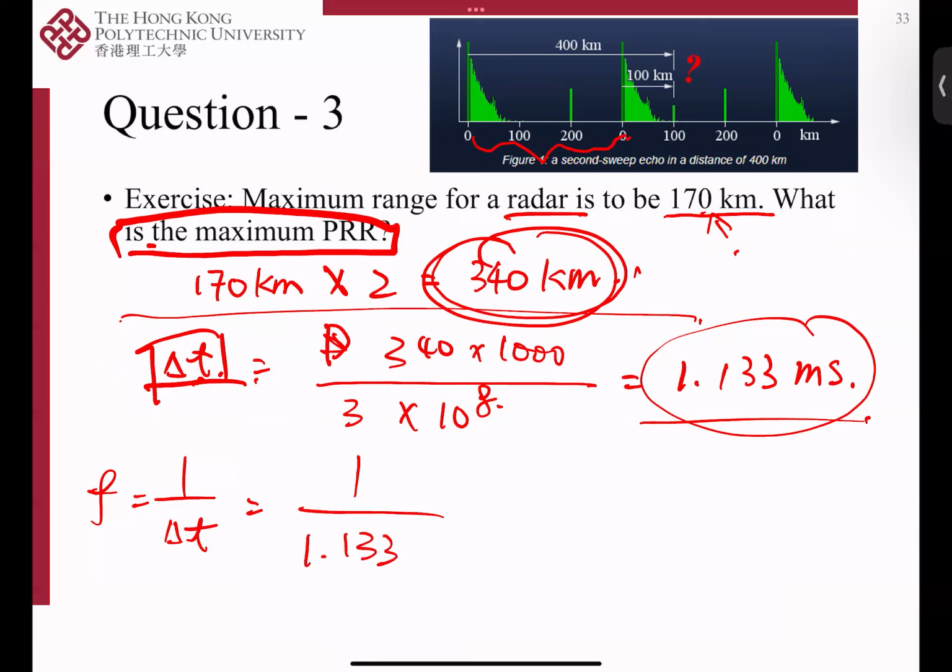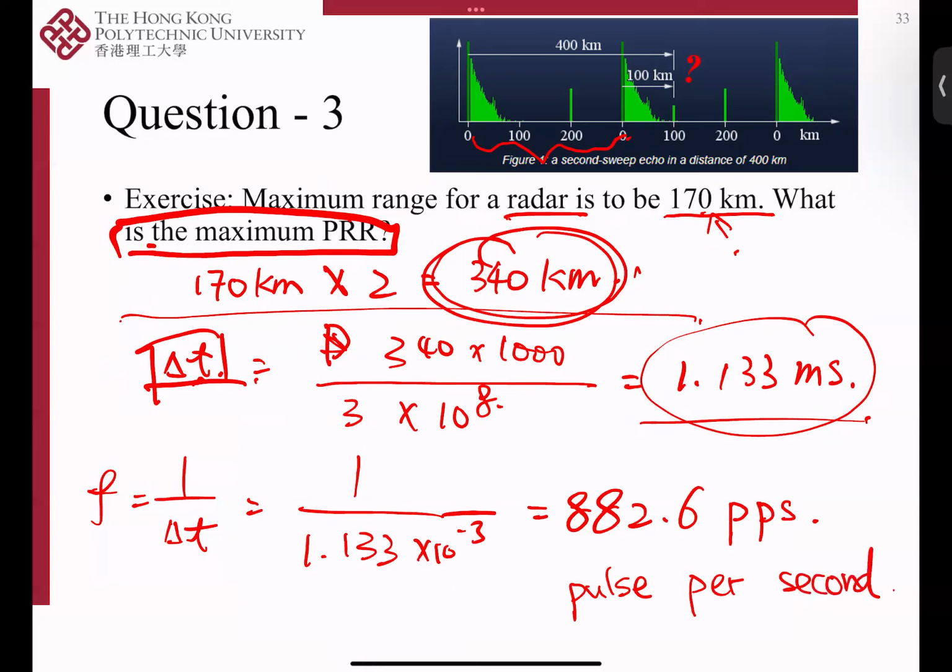But this is in milliseconds, so it's to the order of -3. What we get is 800-something point 6. This is in terms of frequency, and because we are talking about the frequency of pulses, the unit will be pulses per second.